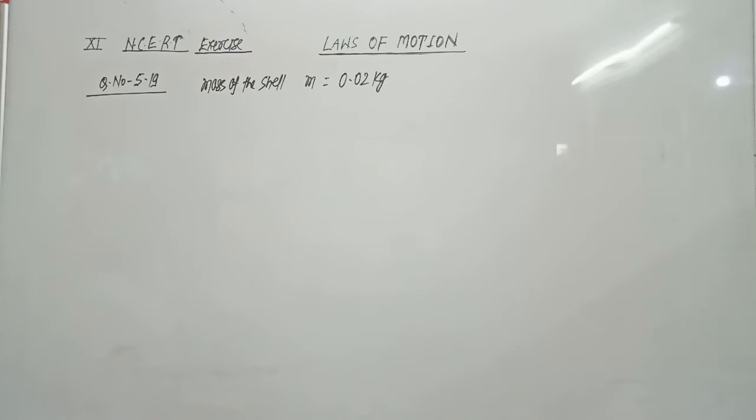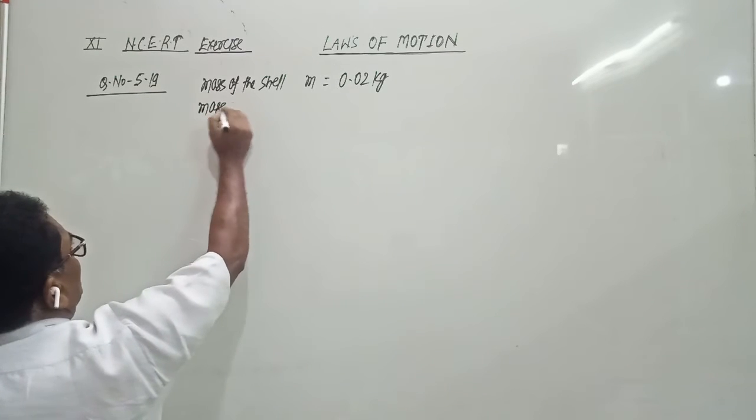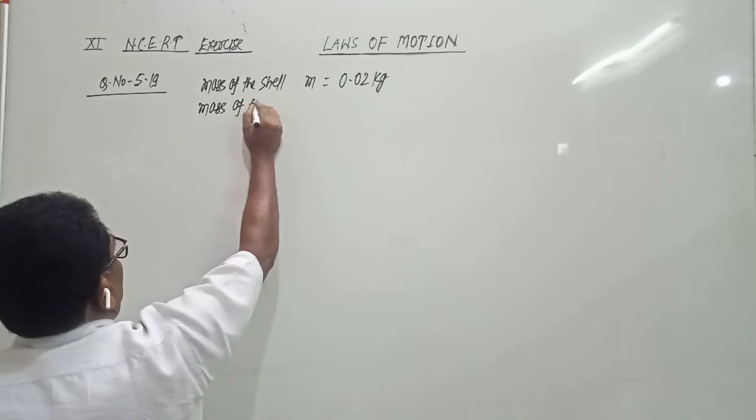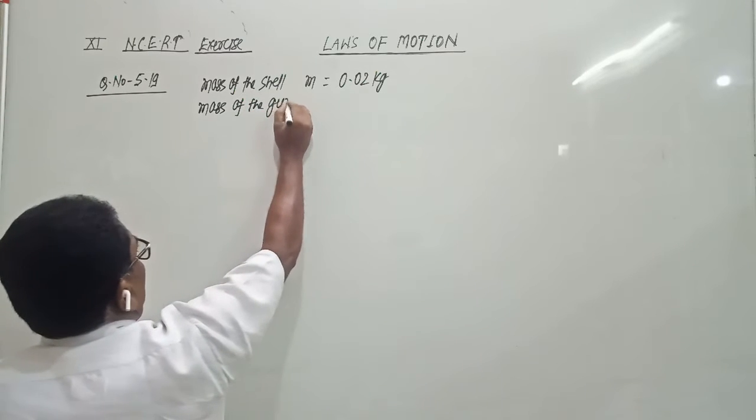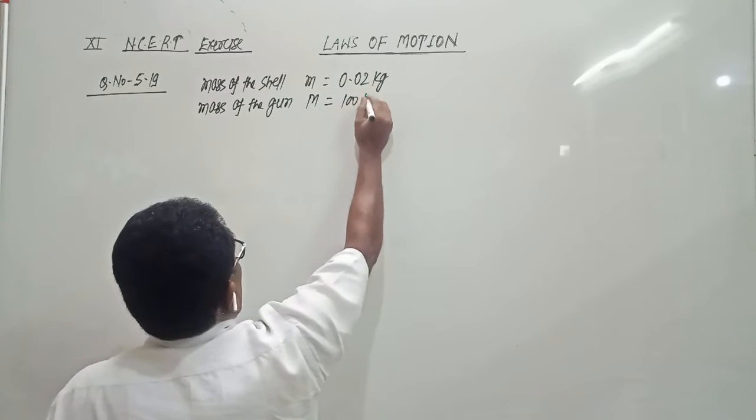It is fired by a gun of mass. Suppose capital M is the mass of the gun, which is 100 kg.